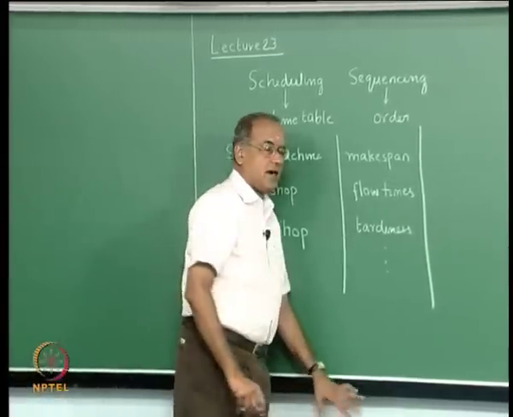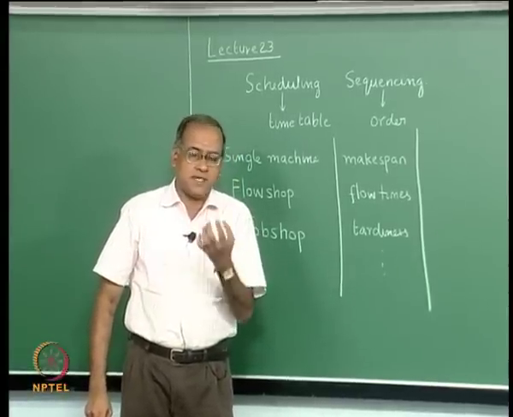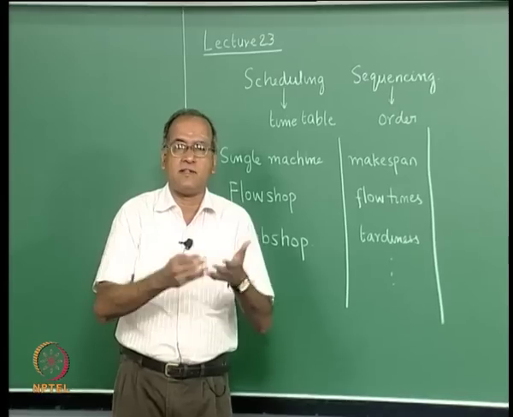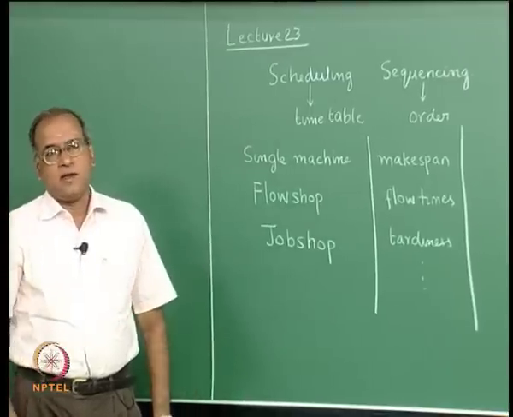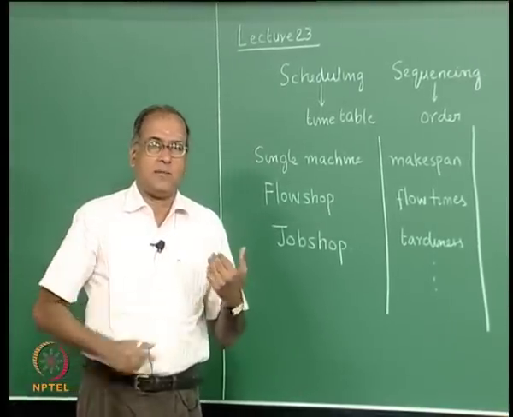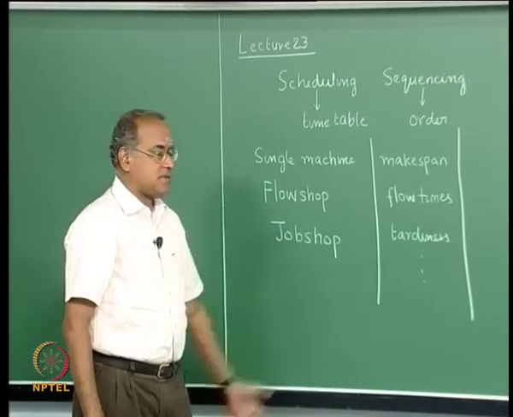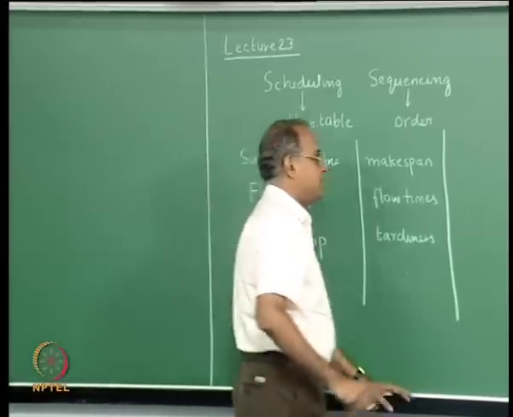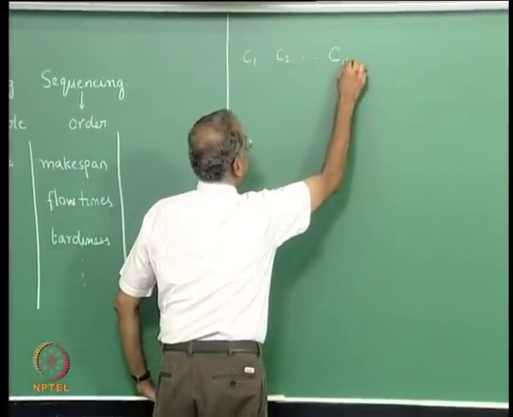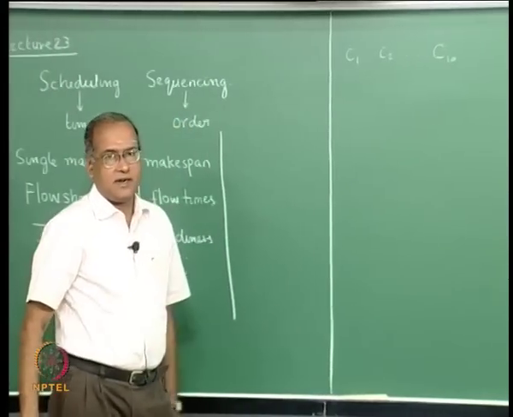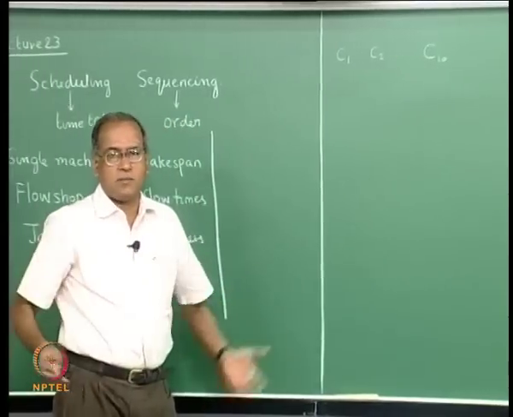Flow times represent the times these jobs spend in the system. So, if there are 10 jobs and all the jobs are available at the beginning, which means at time equal to 0, and each of these jobs is completed at time C1, C2, etc., C10, then the Makespan is the time at which all of them are completed.